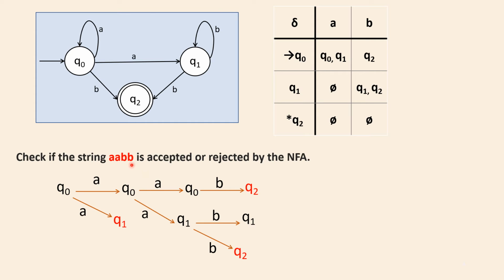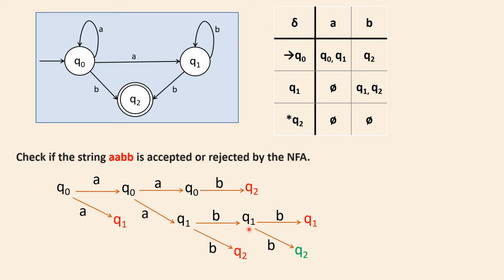Now the fourth input cell, the last input cell, is also having another B. I have to give that B to Q2, Q1 and Q2. So when I give B to Q2, there are no transitions for B from Q2. That is, Q2 is receiving B's from Q0 and Q1. It is not having any movements for A or B. So this also ends here.